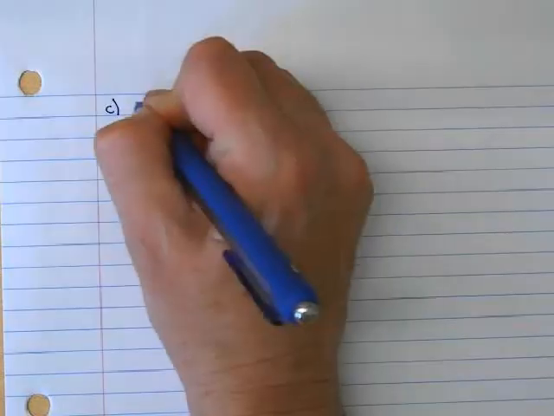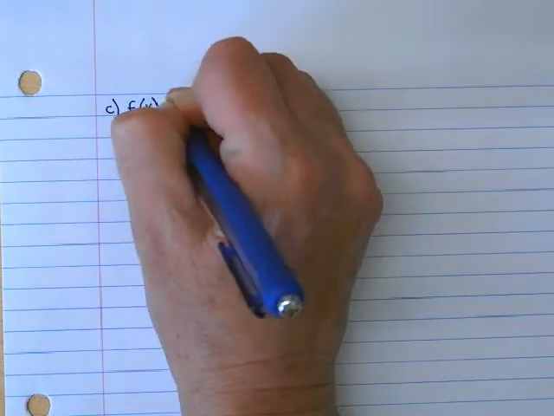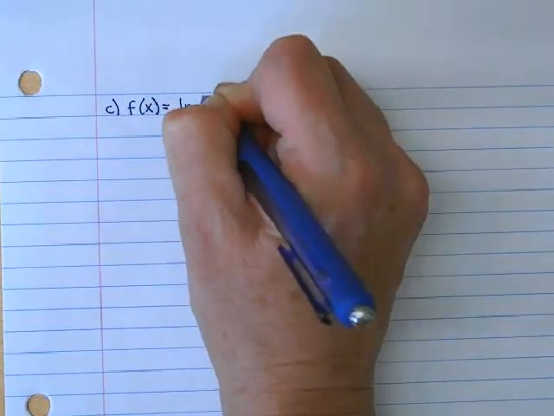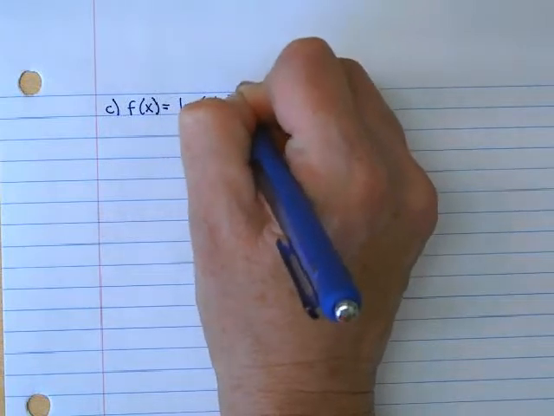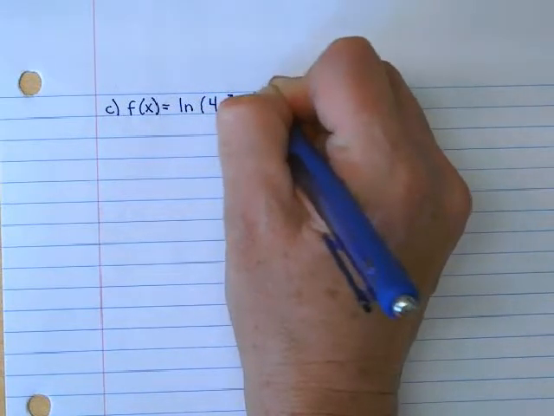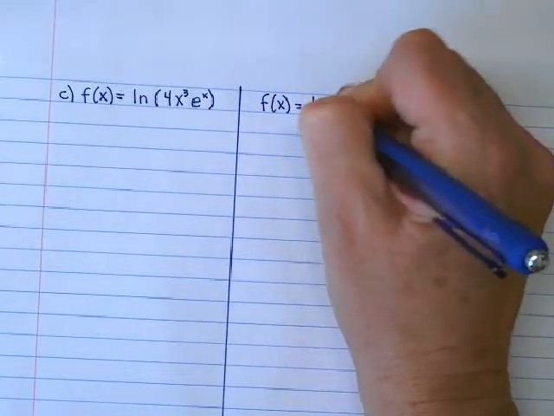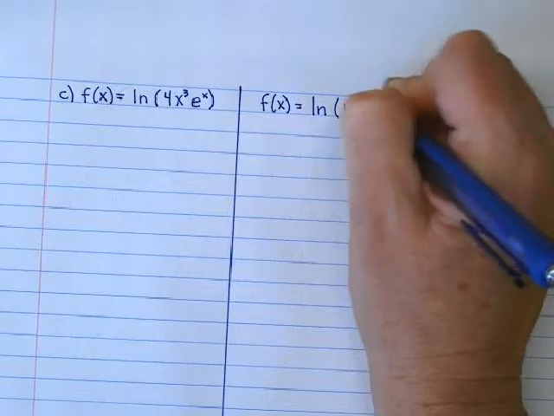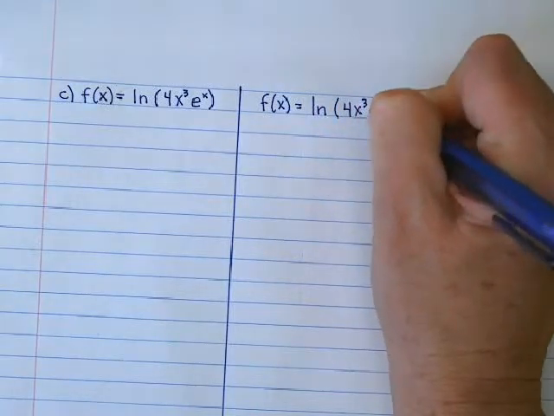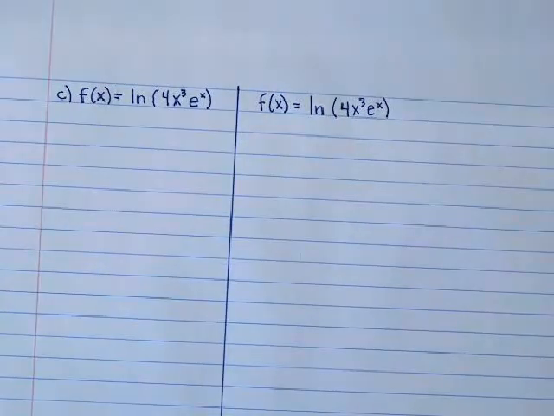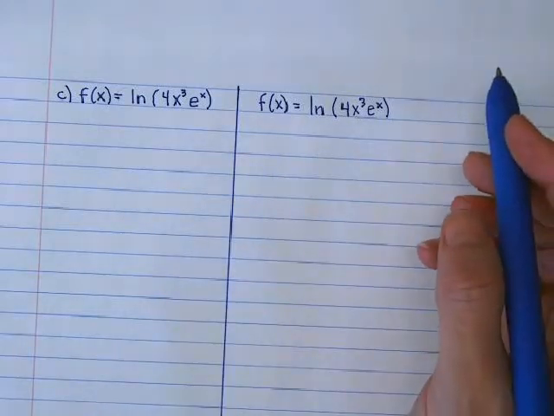Okay, so another example. Let's find the derivative of f of x equals the natural log of 4x cubed e to the x. Okay, so I'm going to start with my rules of logs. So I got a bunch of stuff multiplied together here.